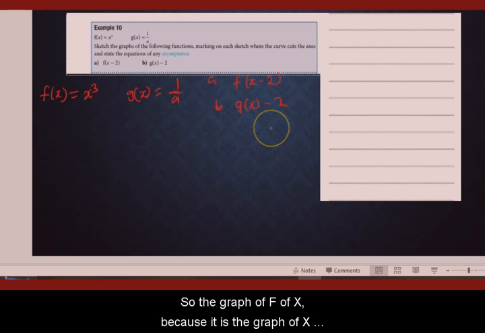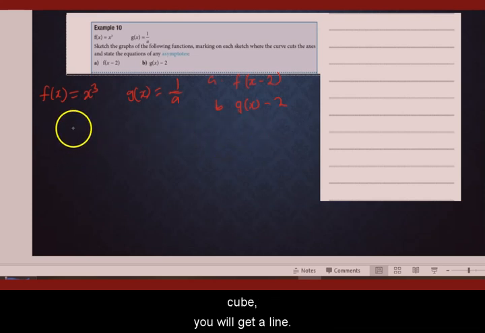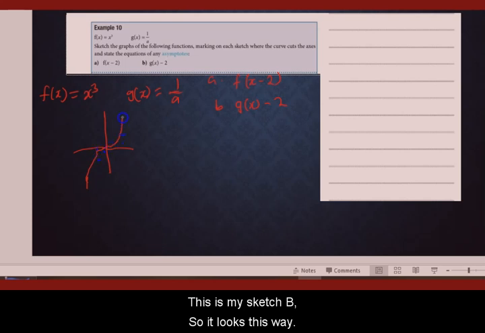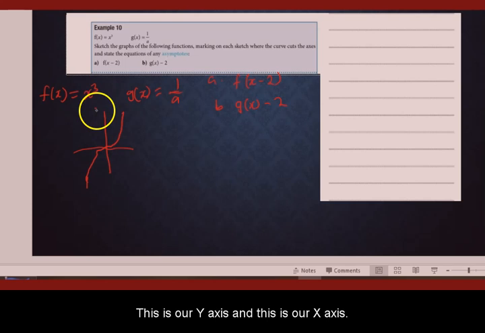So the graph of f(x), because it is the graph of x cubed, you will get a line that looks this way. This is my sketch B. This is our y-axis and this is our x-axis.